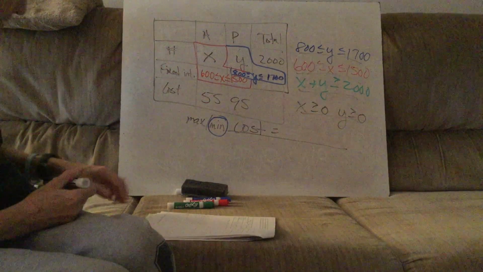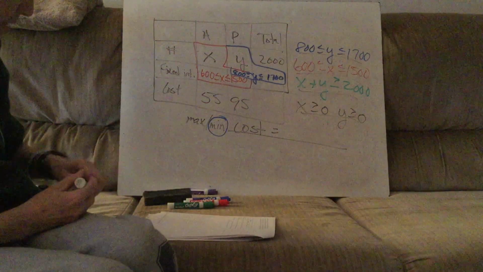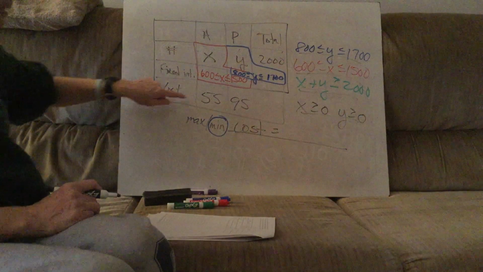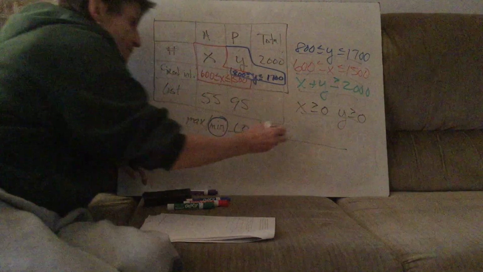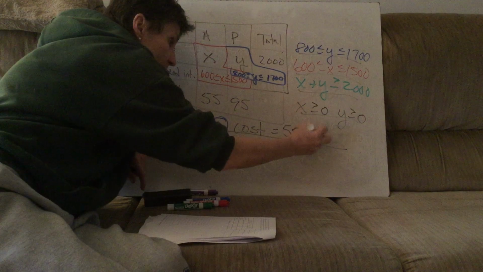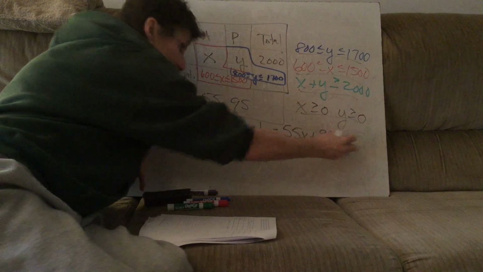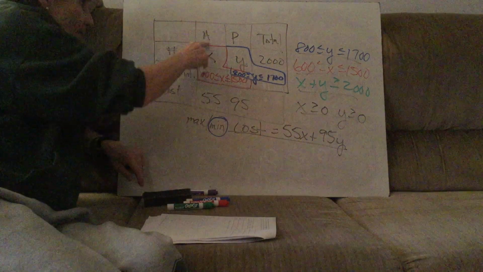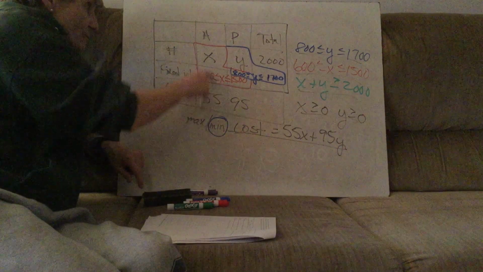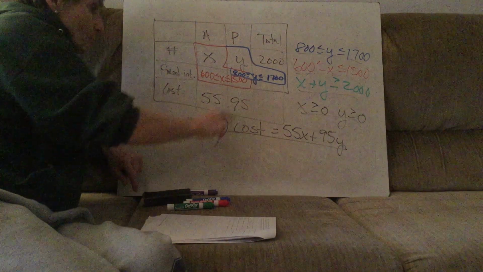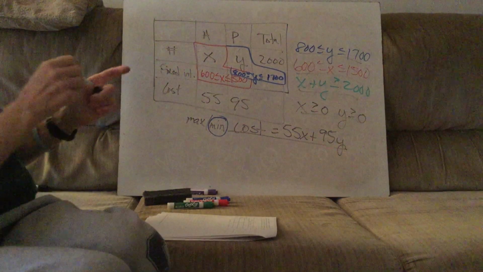Might as well write them down every time. And then what's our cost? 55x plus 95y. The cost of an audio is 55, so 55 times x plus 95 times y.